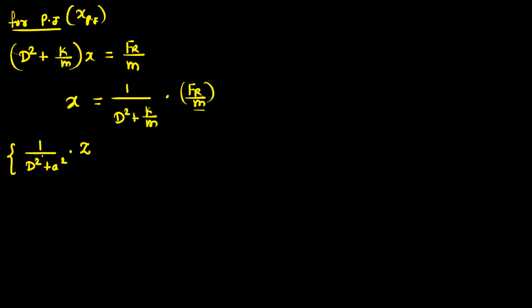So if you have the equation in this format for a D operator, then its solution is e raised to minus at, integration e raised to plus at into that constant Z dt. Okay.